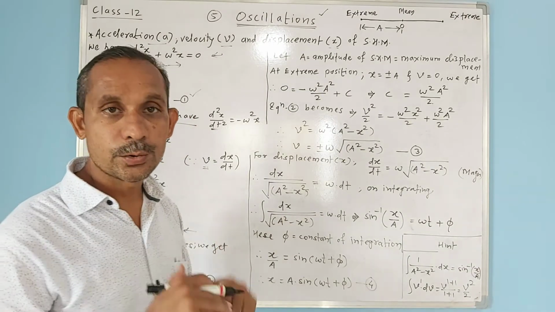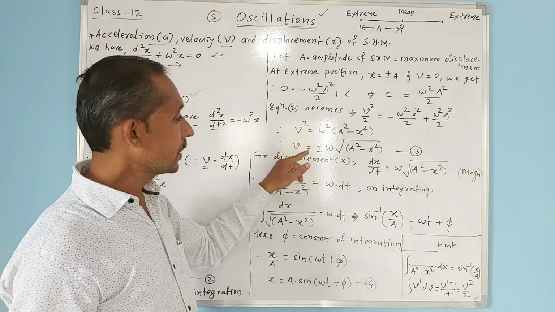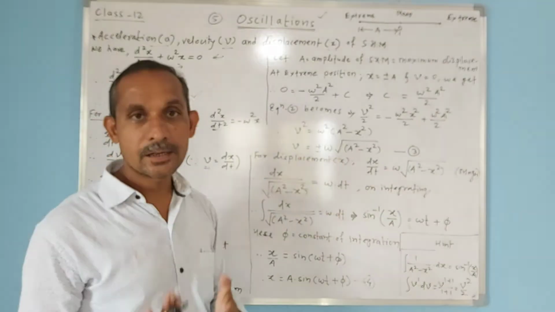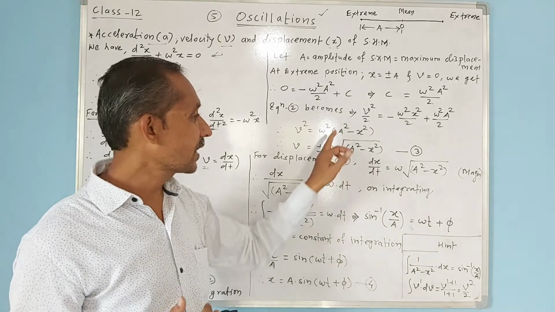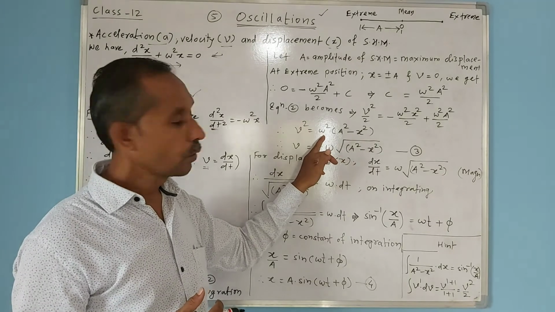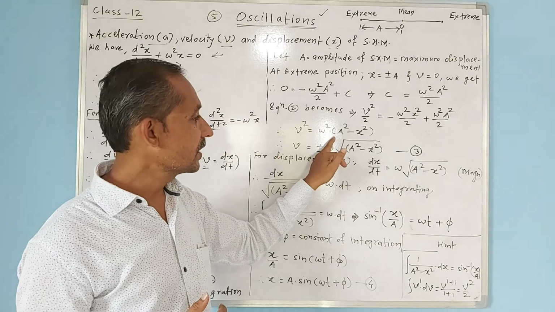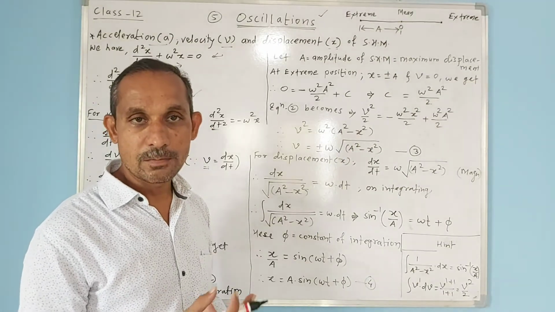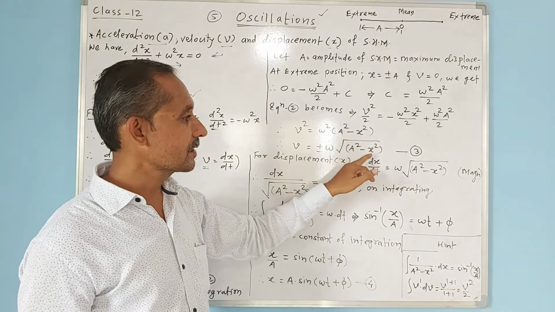Now take the square root. The right hand side is a single complete term, so we cannot get a standard square root answer for it. The square root of omega square is omega, but the bracket term we have to write in square root form, the root of A square minus x square.